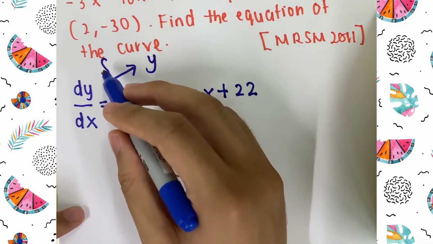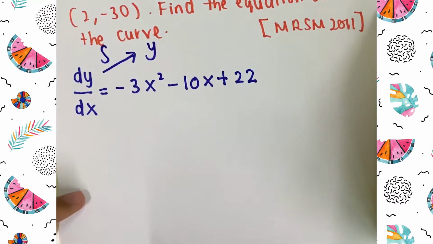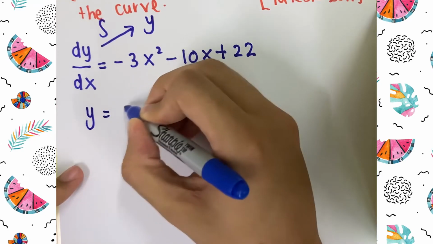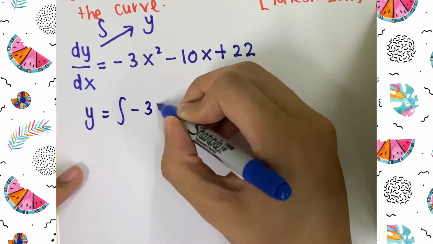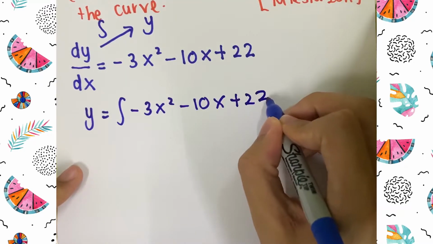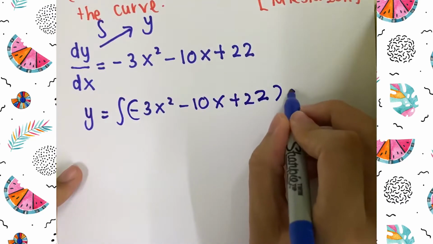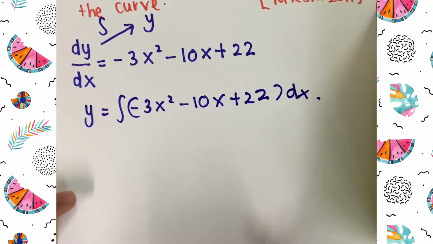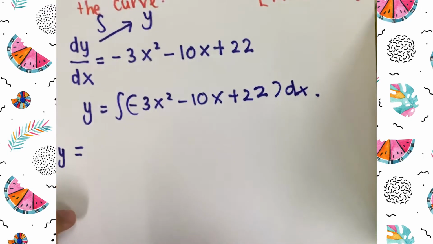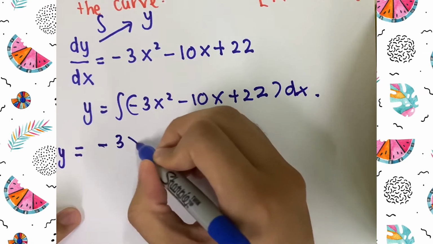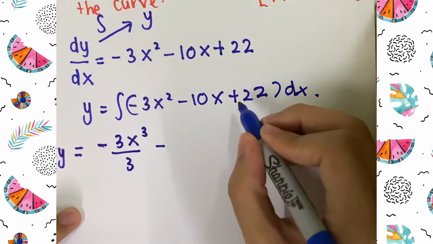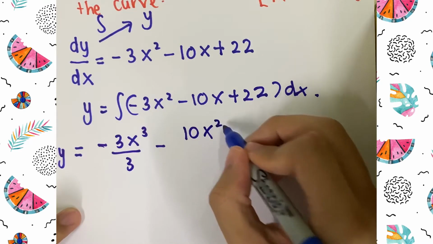If you guys are wondering what the heck is this, so I will get y equals integral negative 3x squared minus 10x plus 22 dx. So now y equals negative 3x, 2 plus 1 is 3 over 3 minus 10x squared over 2.